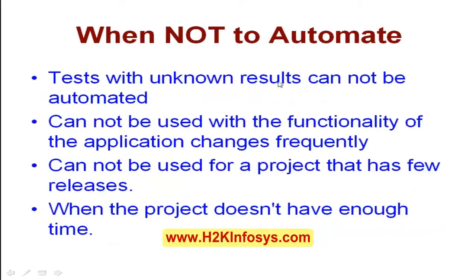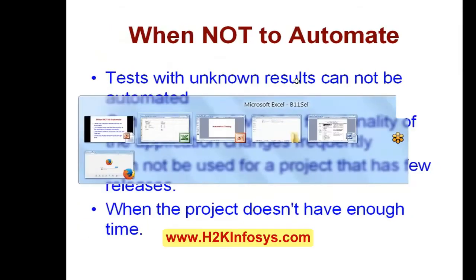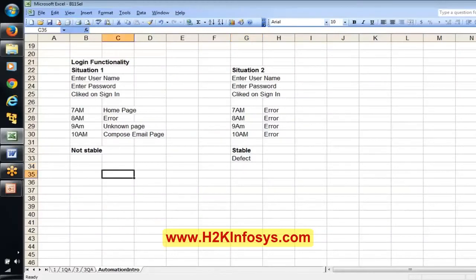This slide is basically talking about when we should not go for automation. Okay, say if we have 1000 test cases, it's not that when we want to go for automation, we are going to automate all the 1000 test cases. Say, for example, we have a banking application, say we have Citibank.